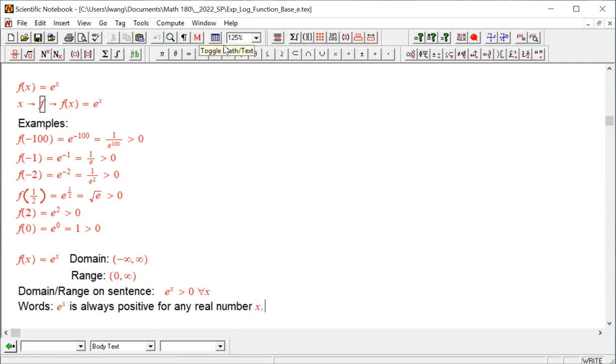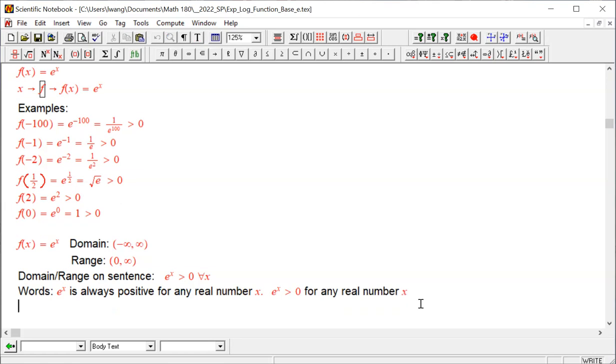And you can also say e to the power x is greater than 0 for any real number x. There's so many forms; I'm just going to give you a handful of them. Another is that e to the power x is always positive for any x from all real numbers.